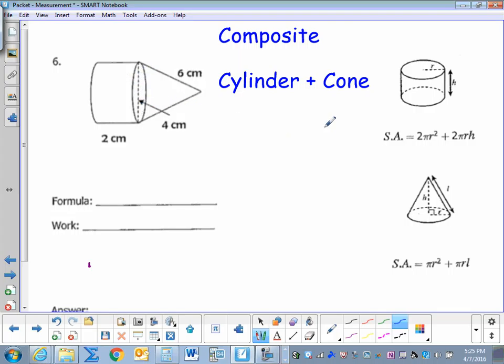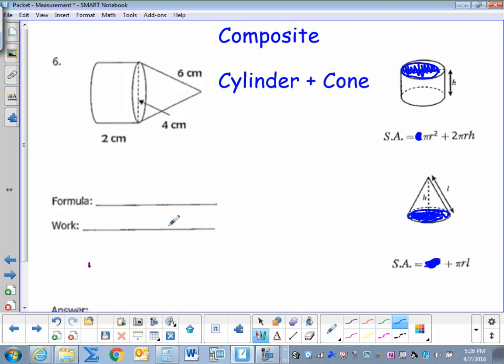those. So let's go over to the formula for the cylinder, and we know we don't need this top part here because it's inside, so we don't need the area of one of the circles. And the area of a circle is pi r squared, and this says 2 times pi r squared, so we only need 1 pi r squared, so let's get rid of that. And let's go down to the cone, and we don't need the base or this circle here, pi r squared, so let's get rid of that.